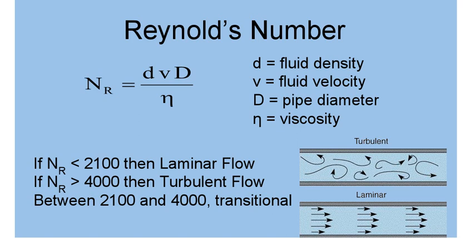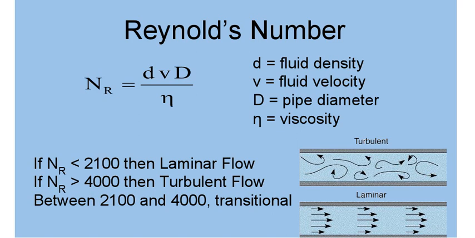The other number that sometimes pops up in fluid dynamics that you should have at least seen somewhere is Reynolds number. Here I have a pipe, and fluid is flowing through that pipe, and the question is, is it churning around in the pipe, or is it just flowing nice and smooth? So here I have a little formula called Reynolds number, and you can see that the density of the fluid, the velocity of the fluid, the pipe diameter, and the viscosity of the fluid are all in there.